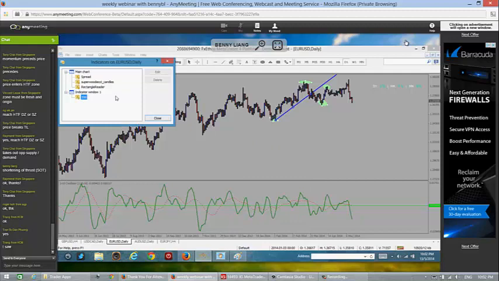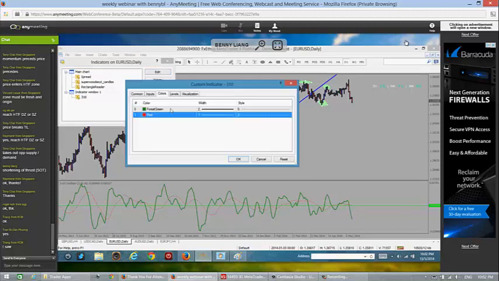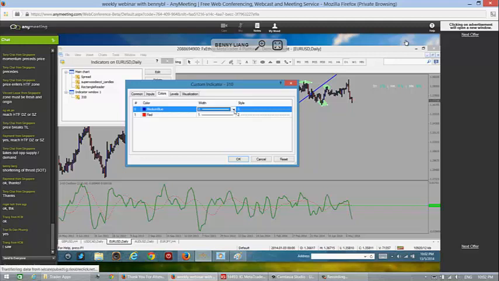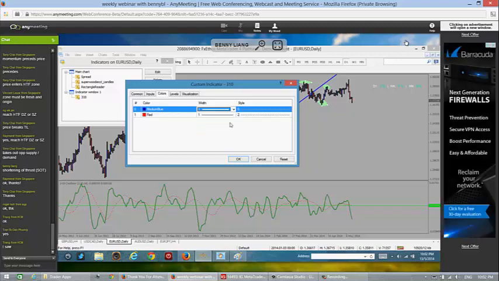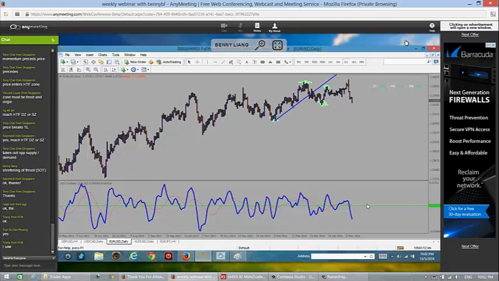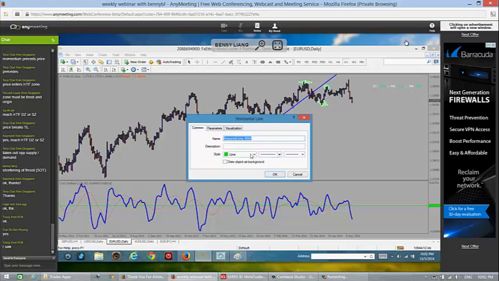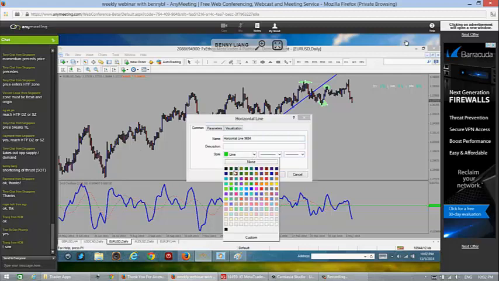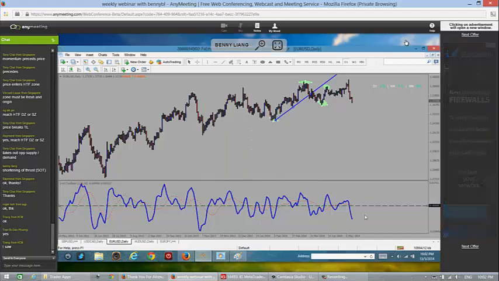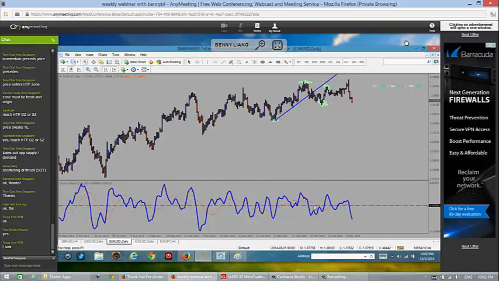The 310, you want to change to blue. This one is up to you, whatever you want to do with it. So this is a zero line, the red line.